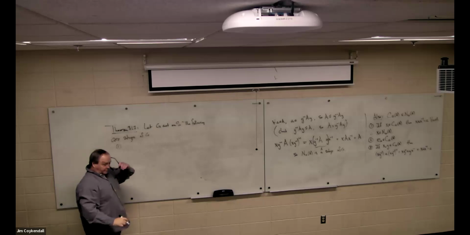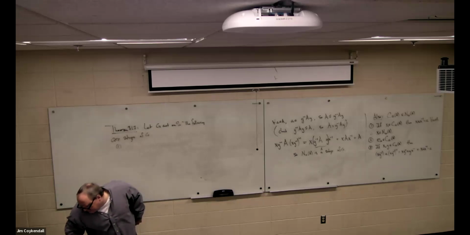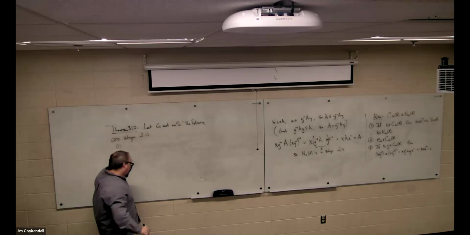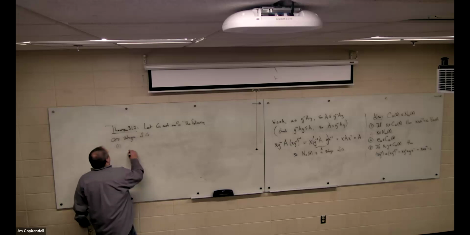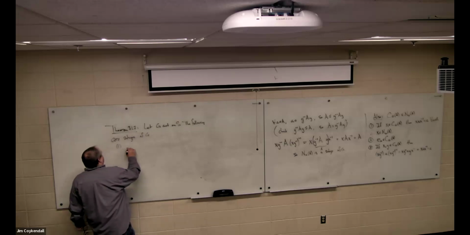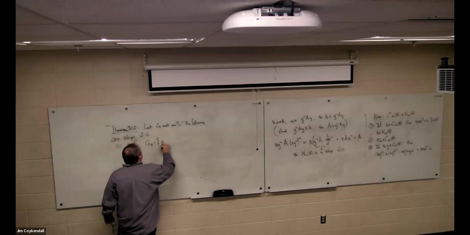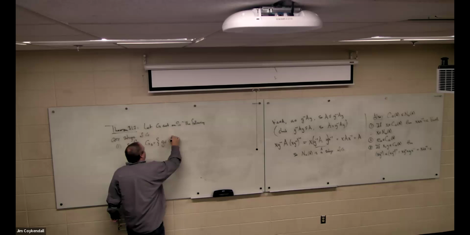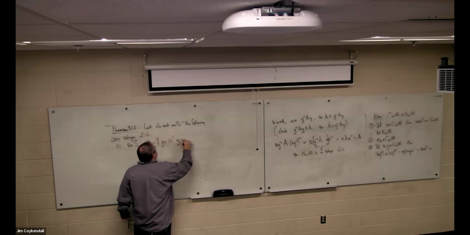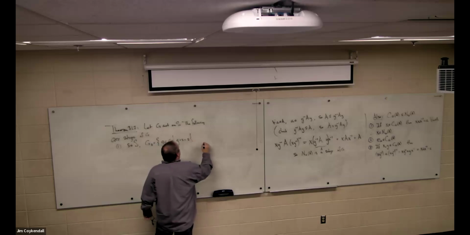Number one, let S be an element of S. G_S, which is the set of g in G such that gs equals s.